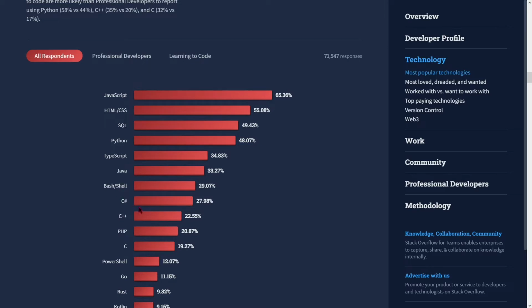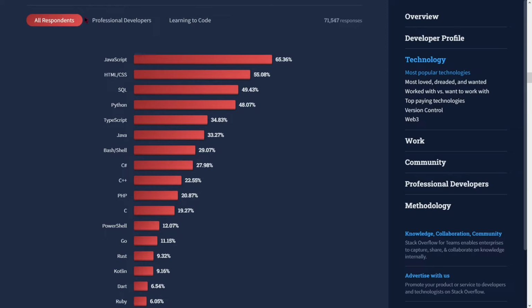So the people who are starting to learn programming usually choose C#, obviously if they want to make games, because with C# or C++ you can't make web pages. These stats are from the category all respondents, but we have here professional developers and learning to code.